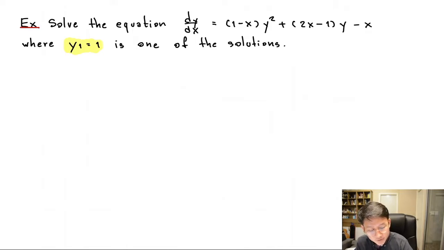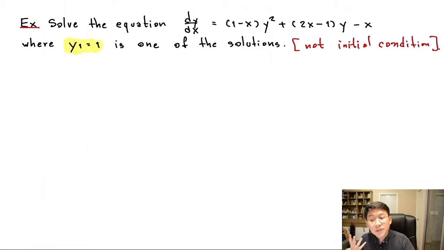See, guys, this is not an initial condition. If it's an initial condition, you would get something like x equals 1, y equals 1, or stuff like that.